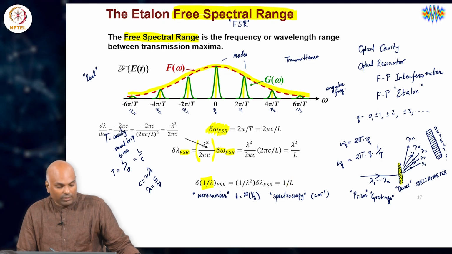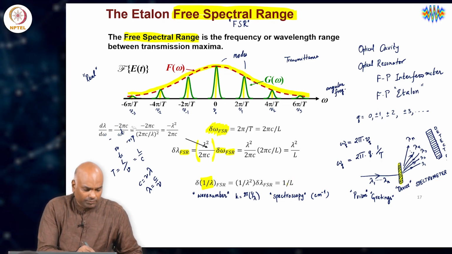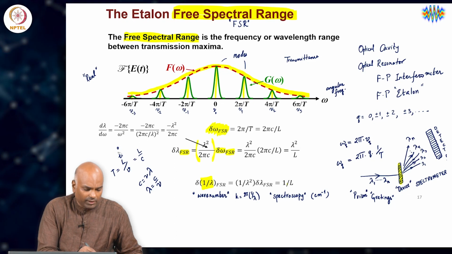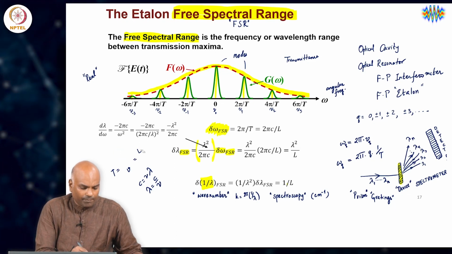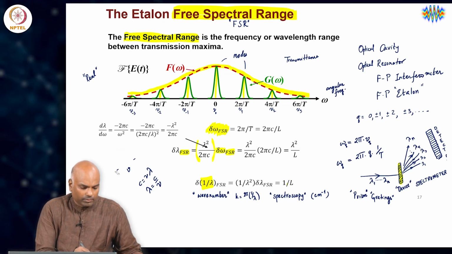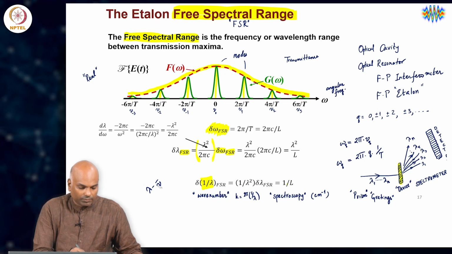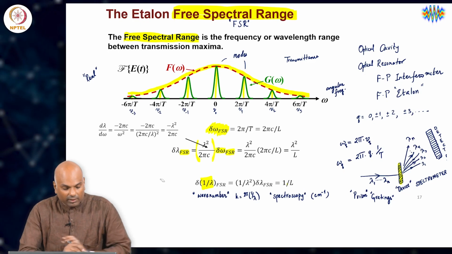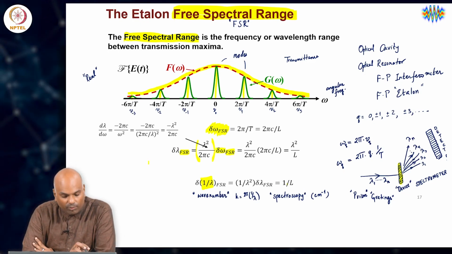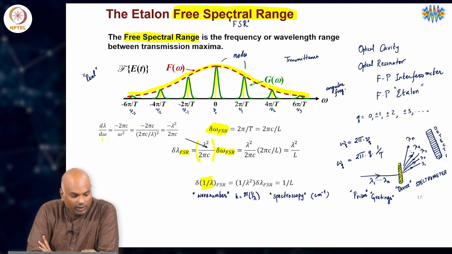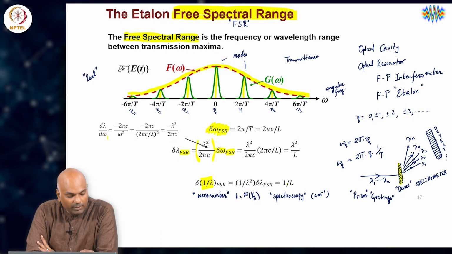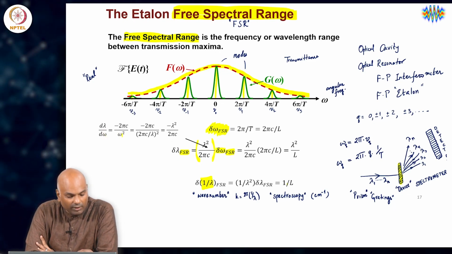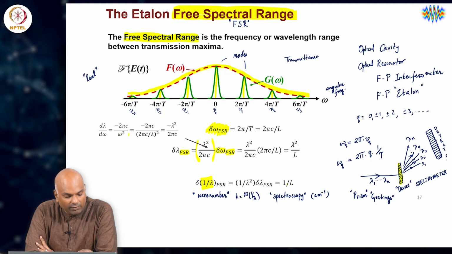Indeed, the way of doing the Jacobian here is also on my view graph. So, d lambda by d omega, do the derivative, it is minus 2 pi c divided by omega square.